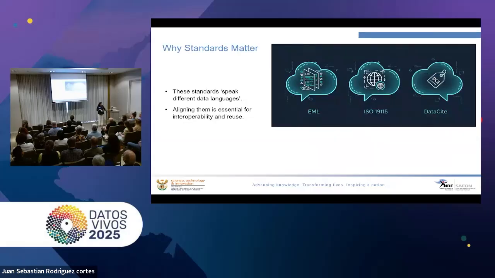So the SAON ODP was designed to break down those silos. Currently, it supports the ISO 19115 standard for geospatial data, as well as DataCite. And we are now extending it to handle EML for our biodiversity data publication. The portal is CoreTrustSeal certified, which means that it meets international standards for trusted digital repositories.